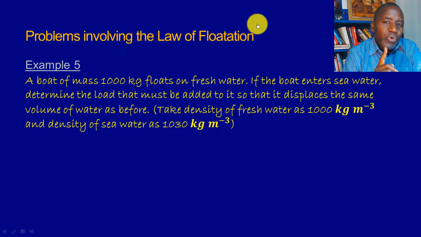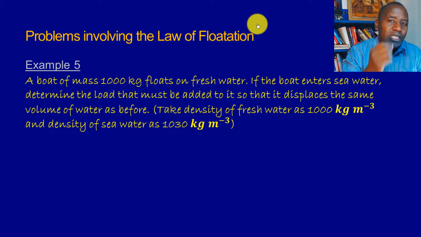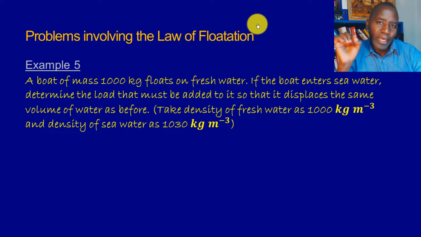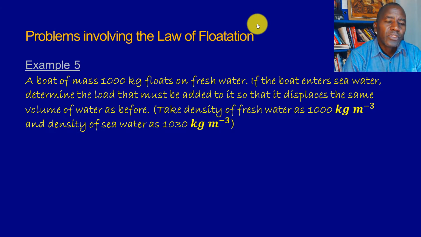Now here is a situation whereby the object is floating in water. So let us understand this situation. We know that from the law of flotation, if an object is floating in a fluid, the upthrust on the object due to the fluid is exactly equal to the weight of the object in air. So in this case, the boat has a mass of 1,000 kilograms.